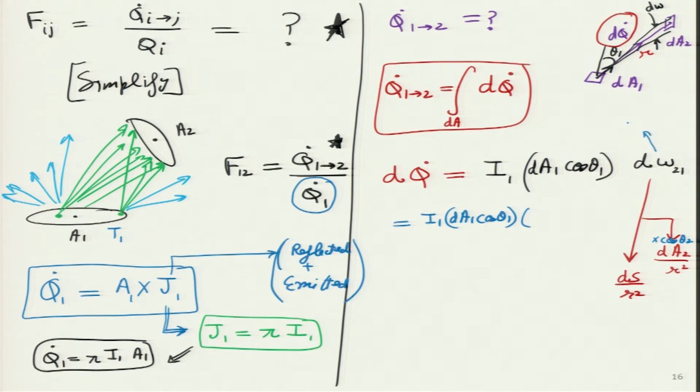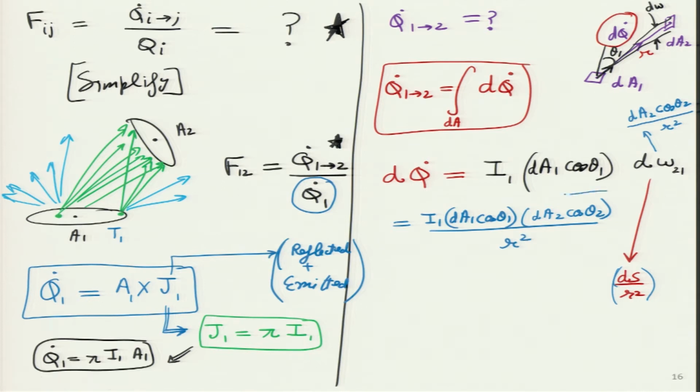I think that is better. So, d omega 2 is dA2 into cos theta 2, which is the projected area of object number 2, divided by distance square. So, this part I will erase from here. Remember, that is what ds stood for. Ds was the projected area. So, what we get over here is dA2 cos theta 2 by r square.